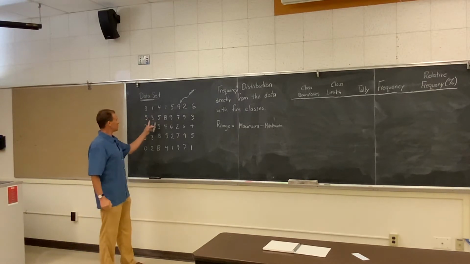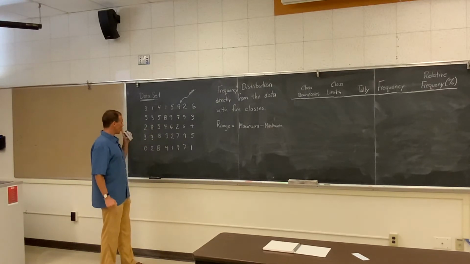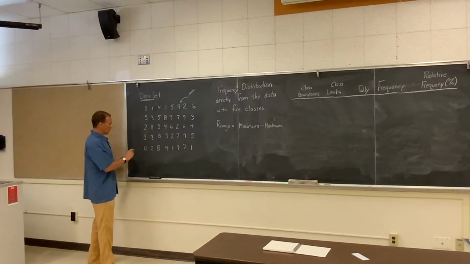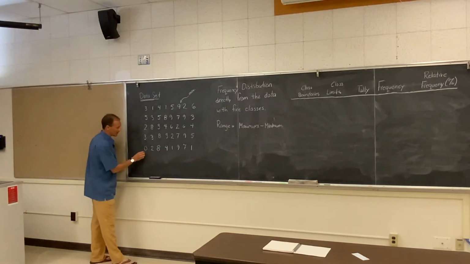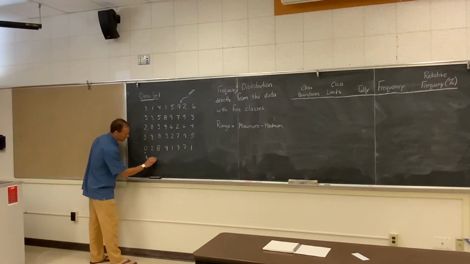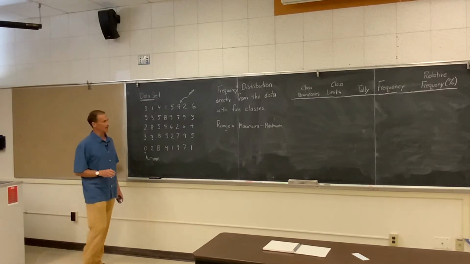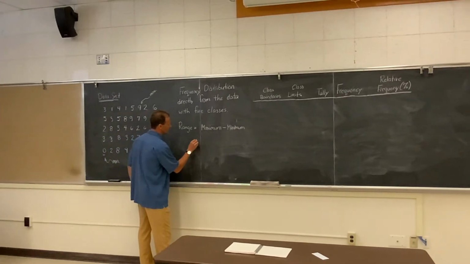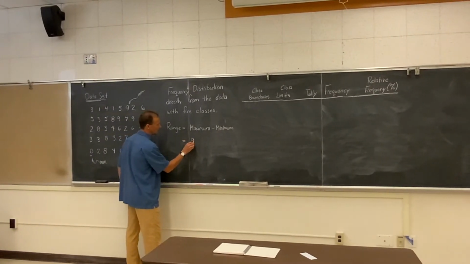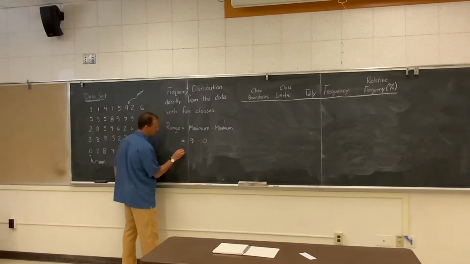Here's an 8. Oh, look at that right there, we have a 0. So that's our minimum. Now we can find the range. The range equals our maximum, 9, minus our minimum, 0. So our range in this case is 9.